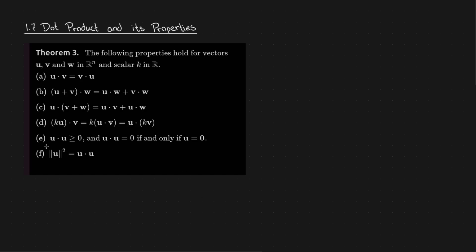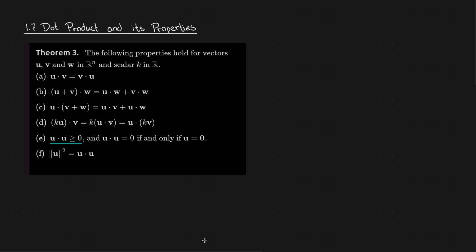Okay? E is a little bit different. We're not just showing two things are equal. We want to show that if I take the dot product of a vector with itself, it's going to be greater than or equal to 0, and that it equals 0 if and only if the vector is 0. So this is actually almost two separate statements.